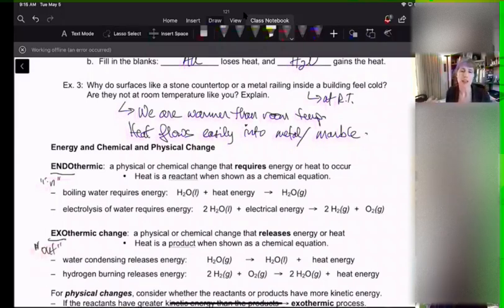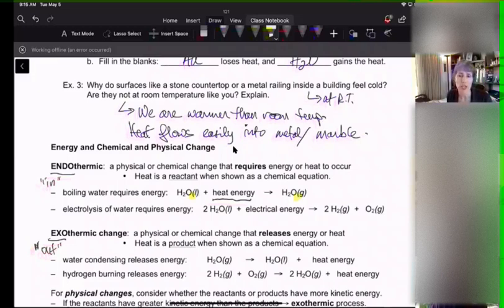So if a change requires heat to go in to make it happen, then it's endothermic, and that can be expressed as a reactant. Here we're showing heat is required to take that liquid water and turn it into the gas.